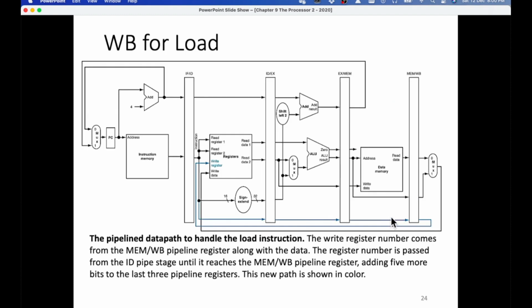Lastly, write back to the register is quite different, because this one actually writes the information back to the register. The results from the calculation here will be written back to the register. The information is transferred from this pipeline register to this pipeline register, and then this data is returned to this register. So this is how the pipeline is implemented in a processor.